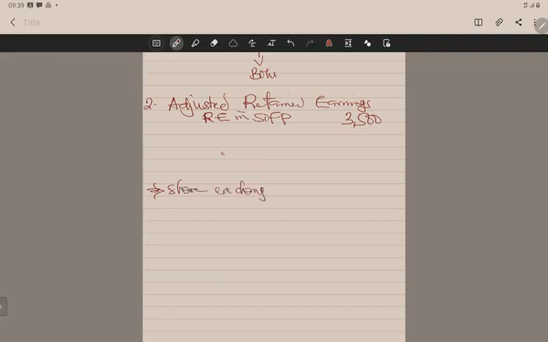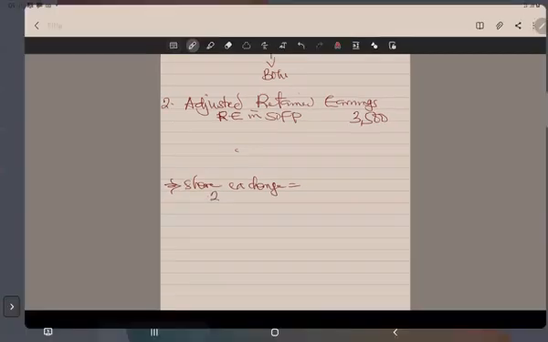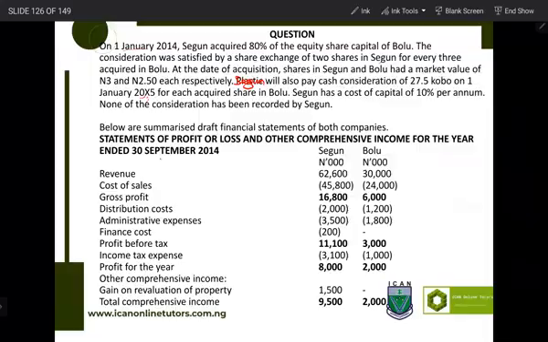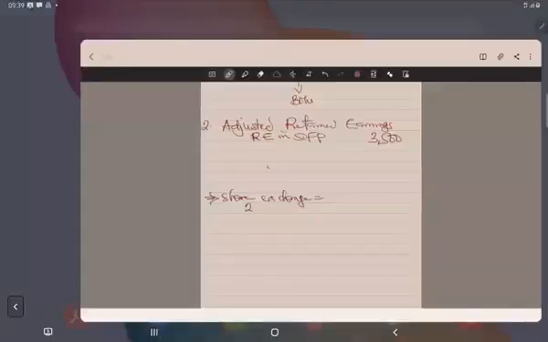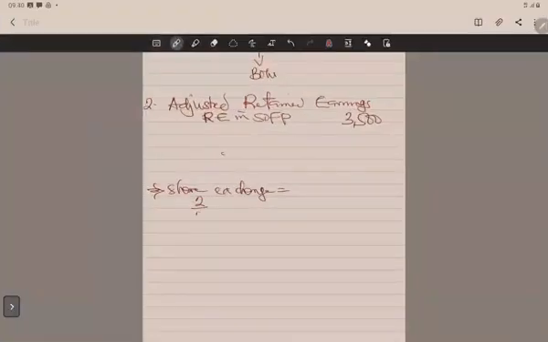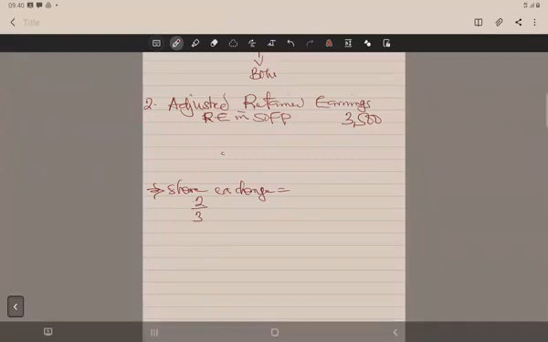The share exchange is 2 shares in Segun for every 3 in Bolu. Are we together?